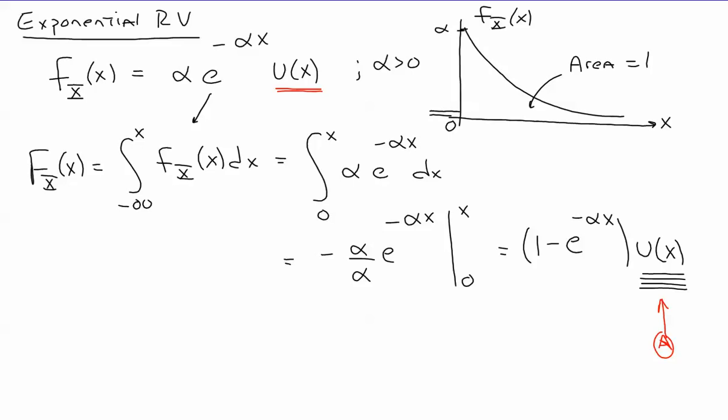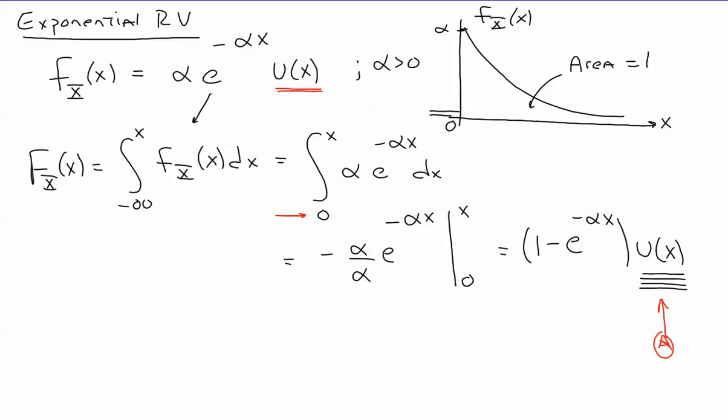Be careful. Every now and then you're going to have to be on the watch for adding back in step functions. The step function in the PDF affected the lower limit on my integral here, but my cumulative distribution function is always and everywhere 0 for x less than 0, so I had to add it back at the end of the calculation. It doesn't come out of the integral itself, so please be aware of that.